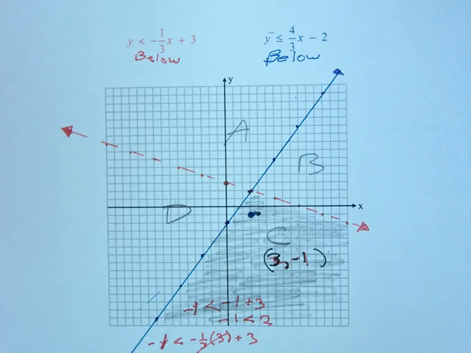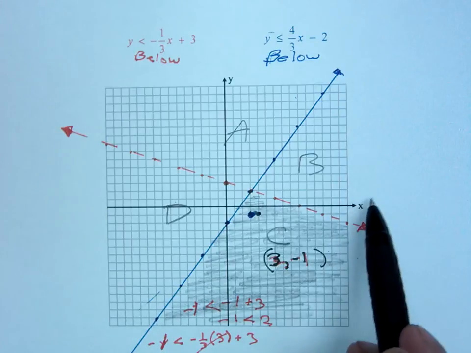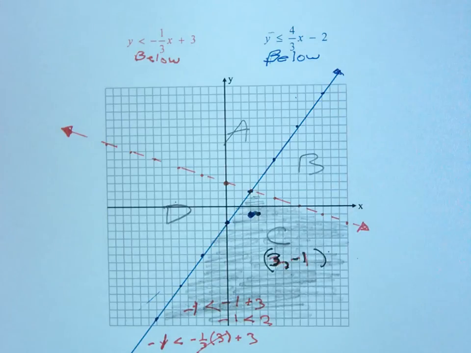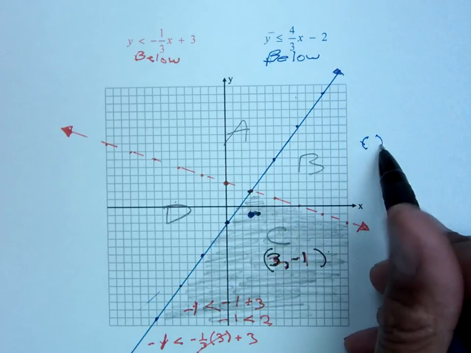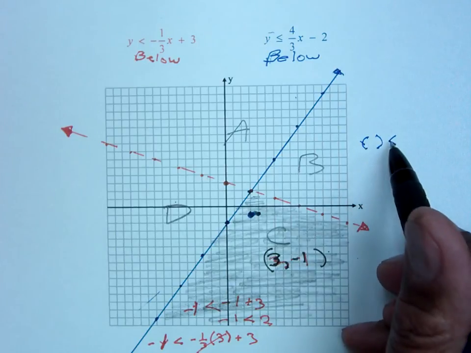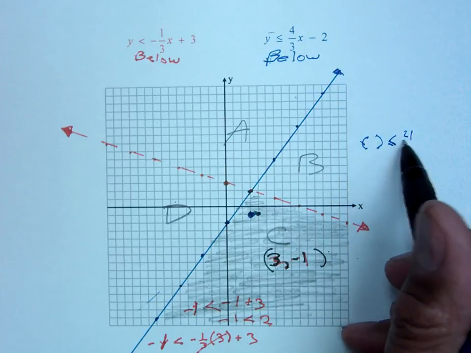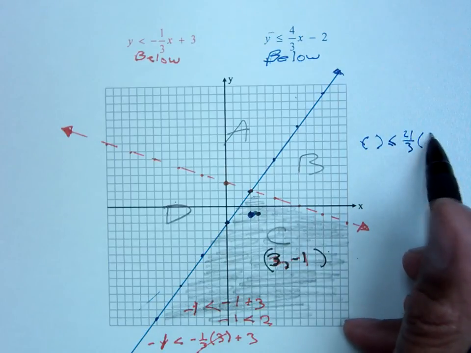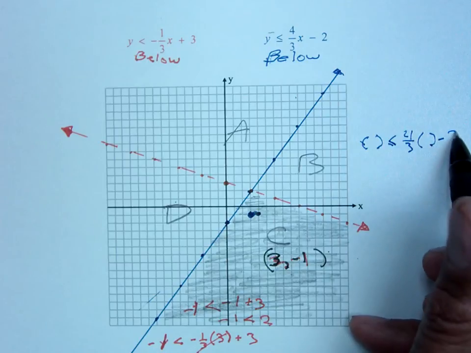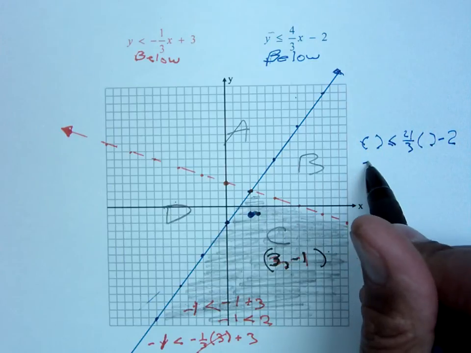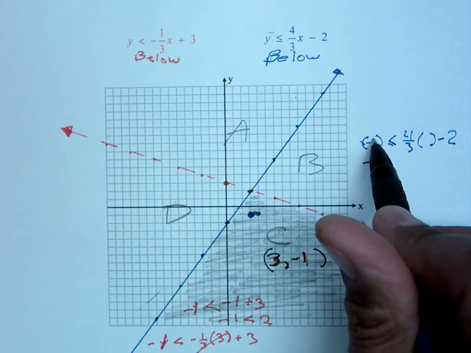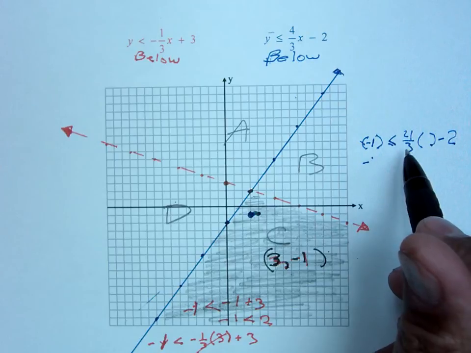Of course that's true. And just so that I don't run out of room, I'm going to test the blue one over here to the side. Blue inequality. So instead of y is less than or equal to 4/3 times x minus 2, I'm going to replace my y value with -1 and my x value with 3.